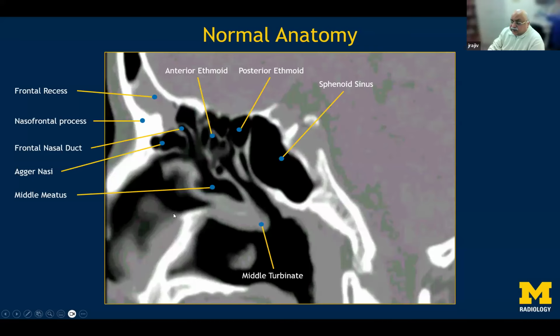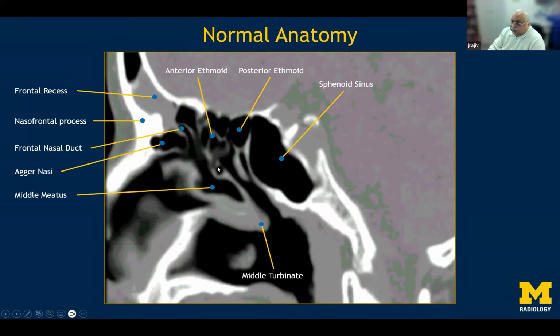The basal lamella is sometimes invaded by air cells, so the attachment to the roof of the ethmoid sinus here may sometimes be broken because of the aeration of the basal lamella itself.